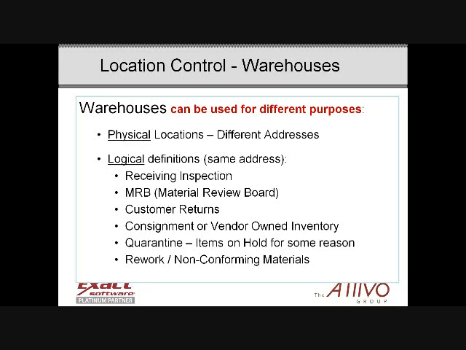But if you need to use a location to segregate inventory because you do not want it to be included in the overall valuation because it's part of customer returns, let's say, or it's consigned inventory or vendor-owned inventory, or it has to be quarantined, or it's rework or non-conforming materials of some kind, or by definition, if you use Macola's receiving inspection, you will need a separate receiving inspection warehouse and potentially a material review board or MRB location to have items held there awaiting disposition.